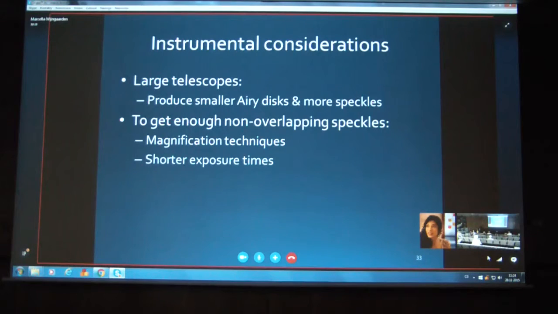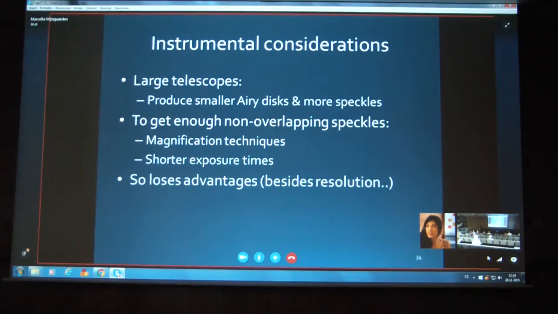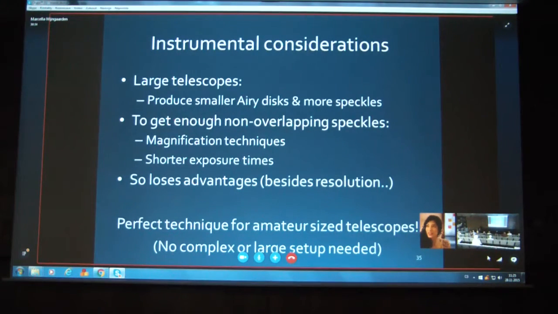So we need to use magnification techniques or shorter exposure times to get enough of these non-overlapping speckles. But in this way, larger telescopes lose some of their advantages. Of course, they still have better resolution, but it's really a trade-off between the size of the telescopes. And this is actually what makes Speckle Interferometry a perfect technique for amateur-sized telescopes.